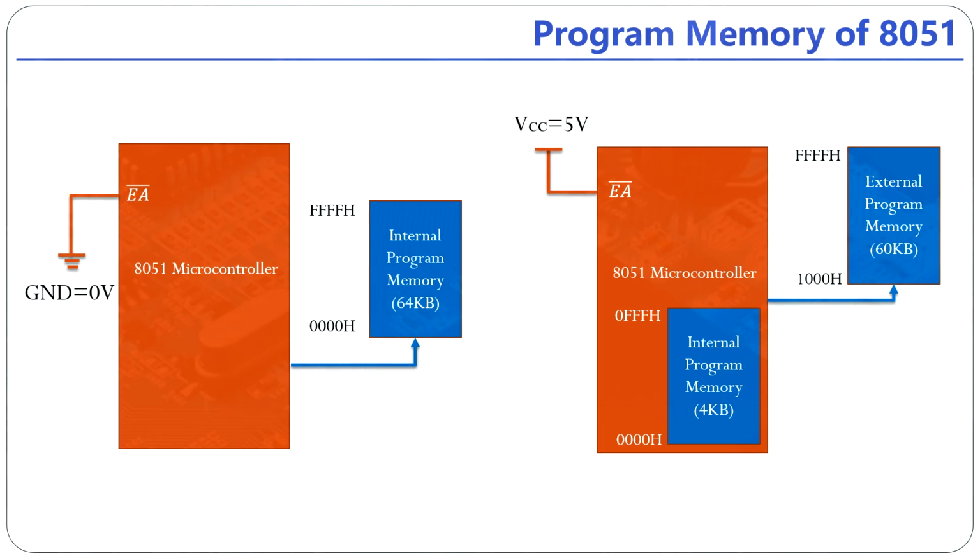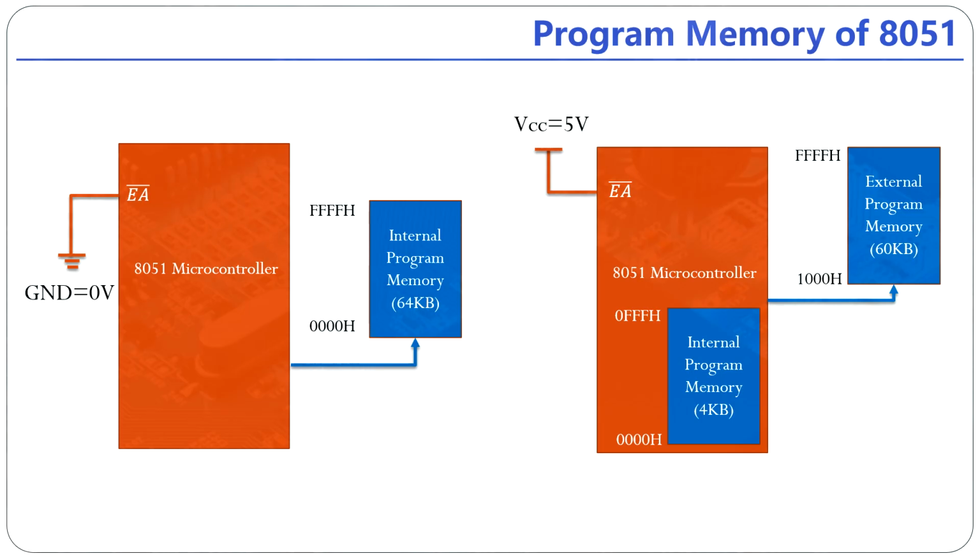Now let's understand how program memory is organized in the 8051 microcontroller. In this diagram we are comparing two important cases based on the EA pin, that is the external access pin, which stands for external access, right?